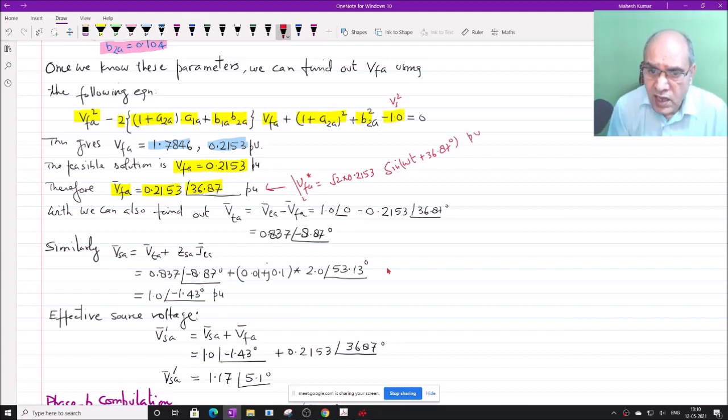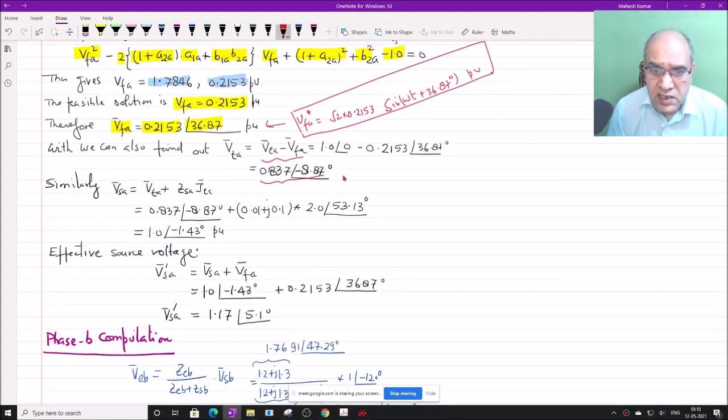This voltage has to be realized by the inverter. And after that, we can calculate the terminal voltage, which is BLA minus BFA. This is coming as 0.837 angle of minus 8.87 here, this one.